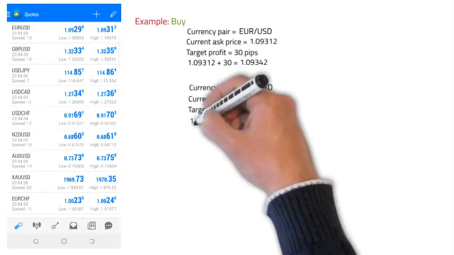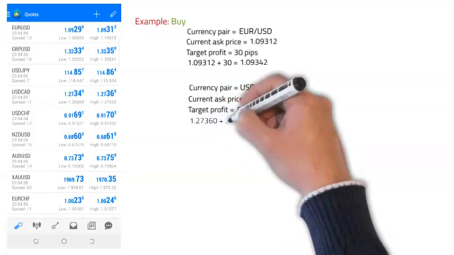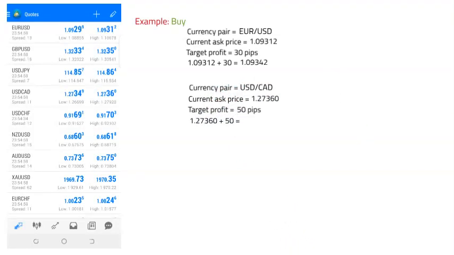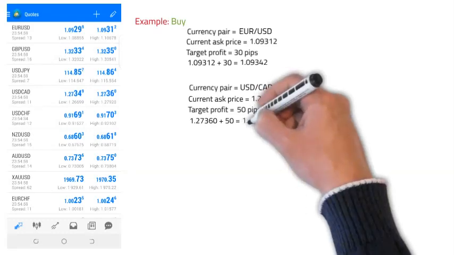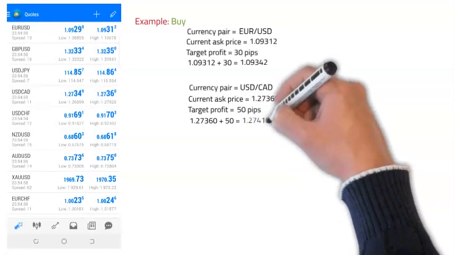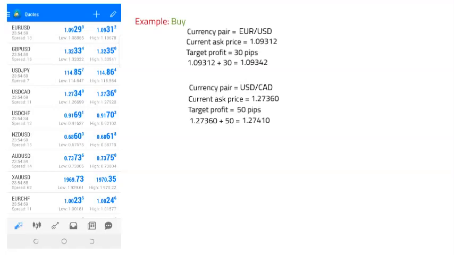That is 1.27360 plus 50 pips. Hence, I would go to my take profit box and type in 1.27410. When USD/CAD rises to 1.27410, my broker would automatically close my trade for me and add my profit to my account.